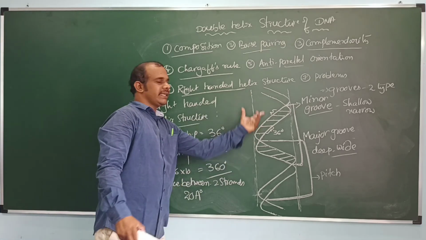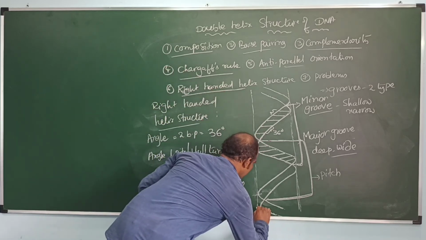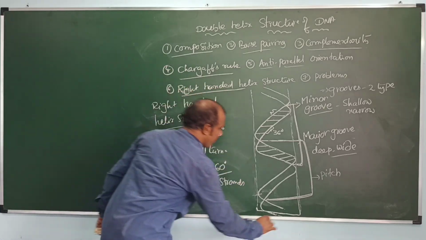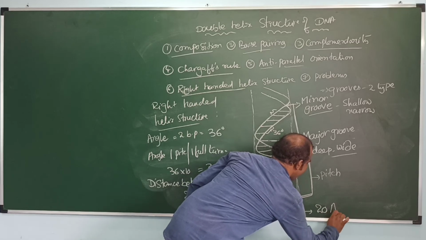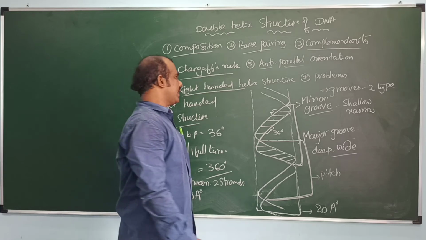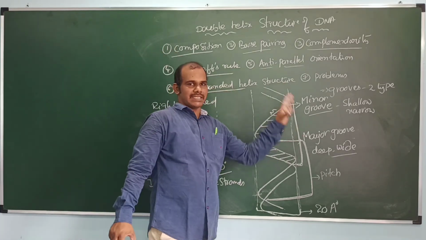From any point of the DNA, the distance between two polynucleotide chains is always 20 angstrom units in double-stranded DNA. This is a right-handed helix structure.